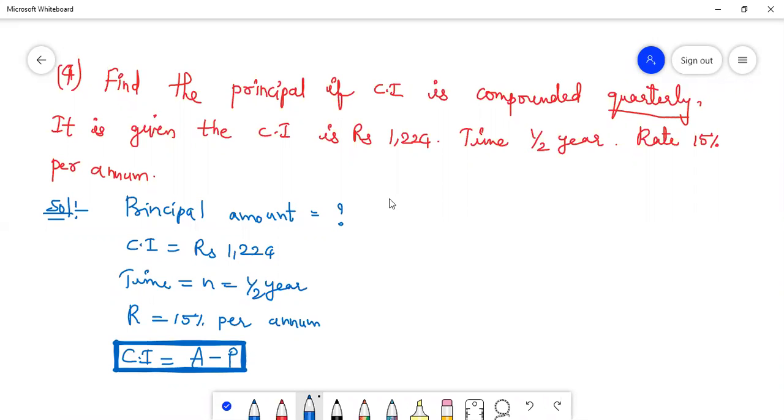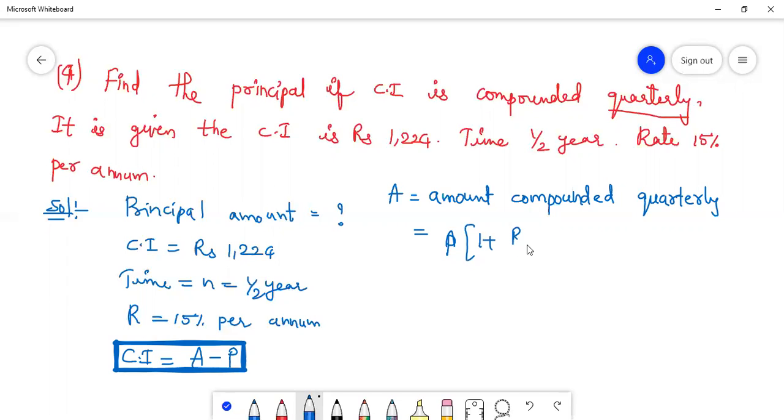Here A is equal to amount compounded quarterly, that is equal to P into 1 plus R by 400 whole power 4n. Quarterly means 1/4. This is the amount formula.